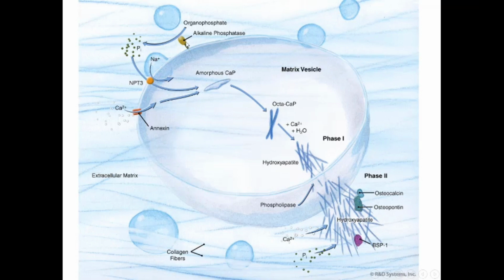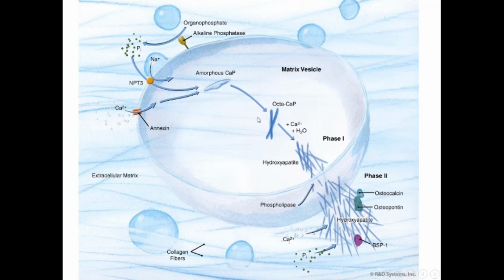This enzyme removes phosphate groups from organic materials and other macromolecules, and releases the phosphate. Then the phosphate is transferred into the vesicle by channels or proteins in the membrane of the matrix vesicle. On the other side, you can see another protein sending calcium inside the matrix vesicle.